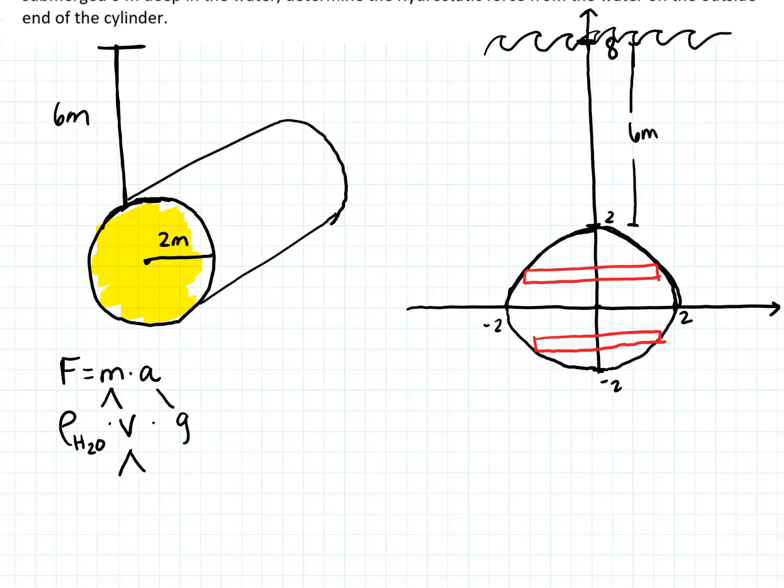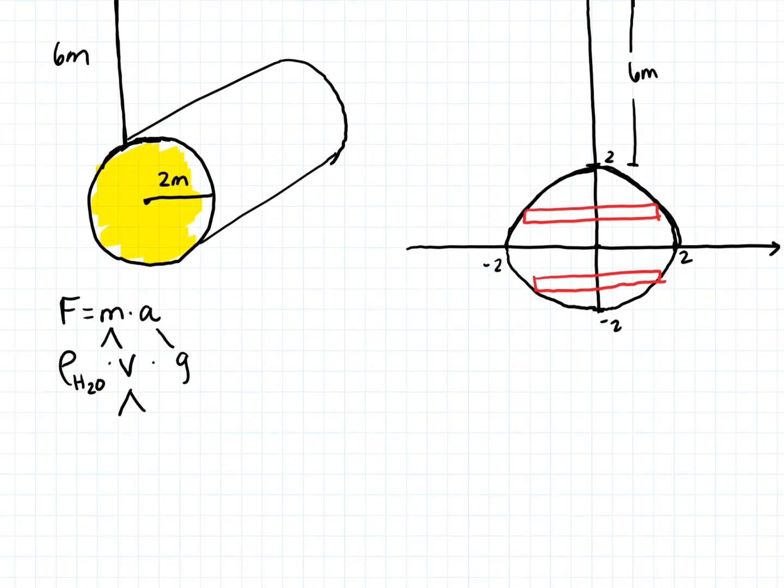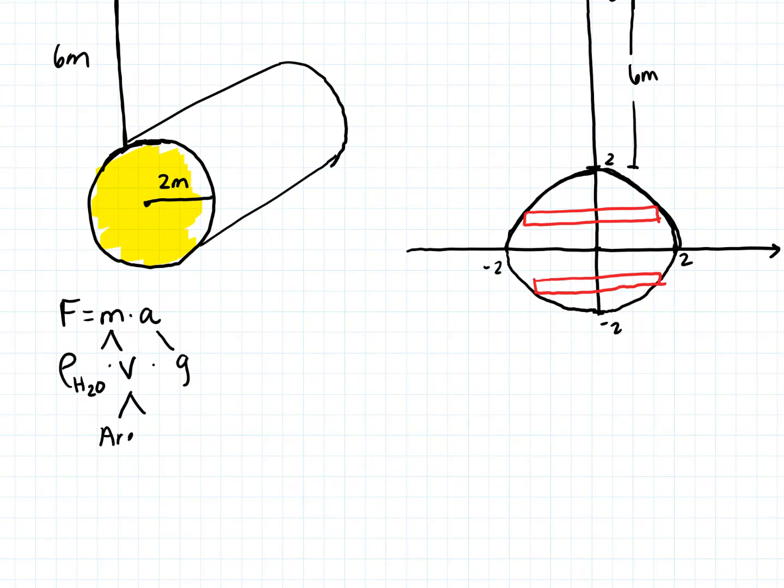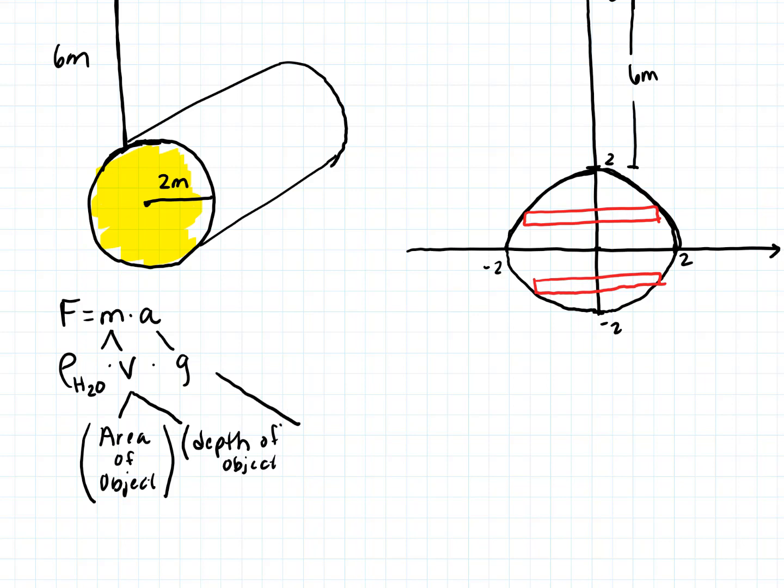And then our volume is going to break down a little bit further, and we're going to think about what is the area of a slice, area of the object, and in this scenario it's actually a slice of that circular face, and the depth. So the volume, how deep is that slice under the water? So the depth of the object. And again, we've got our two constants, gravity and density.